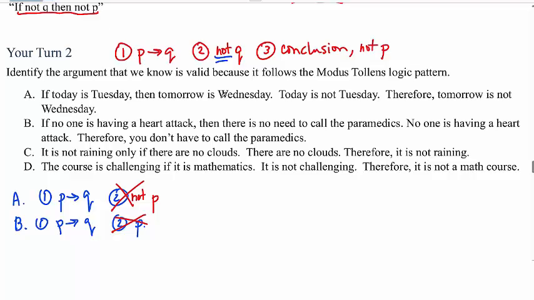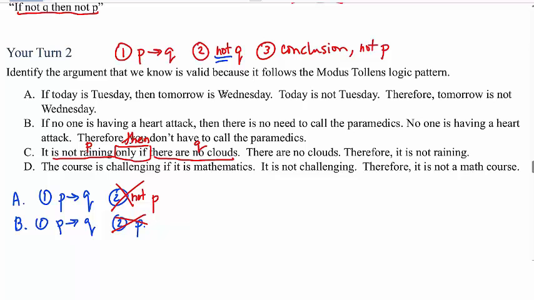Okay. It is not raining only if there are no clouds in the sky. Remember, this only if is like a then. So P is it's not raining, the hypothesis, and Q, the conclusion, is there are no clouds.